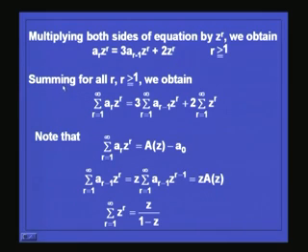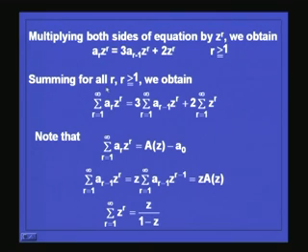Now, sum it over all r greater than or equal to 1. Here the reason comes: you cannot sum it for r greater than or equal to 0 because it is not valid for r equal to 0. So, you have to sum for all r greater than or equal to 1 because it is valid for those values of r.